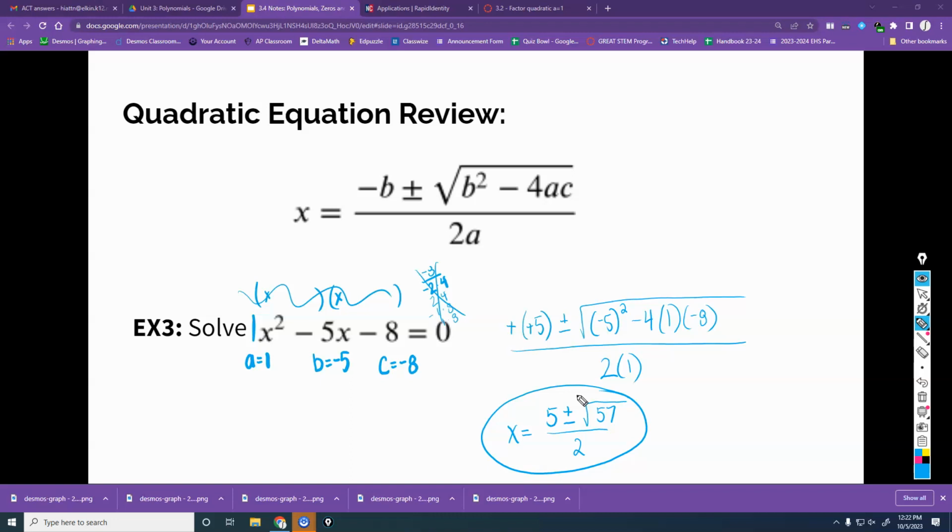Yes. Yeah, so right here, that'll be a plus or minus both times. So what that means is that really it's two answers. So it's 5 plus the square root of 57 divided by 2, which if you want, you can use your calculator and figure out what that is.